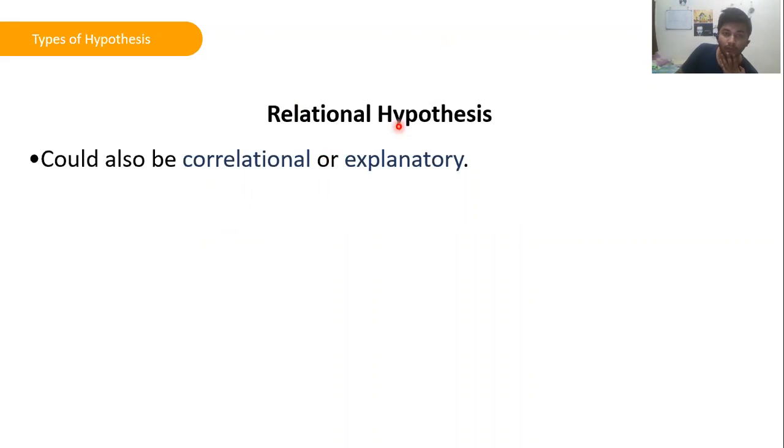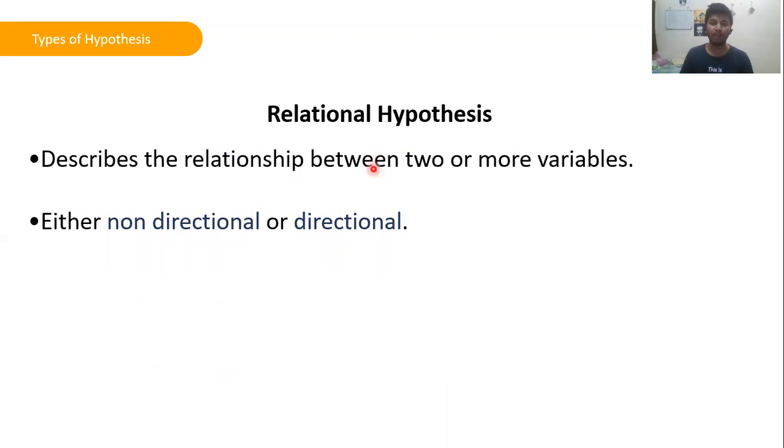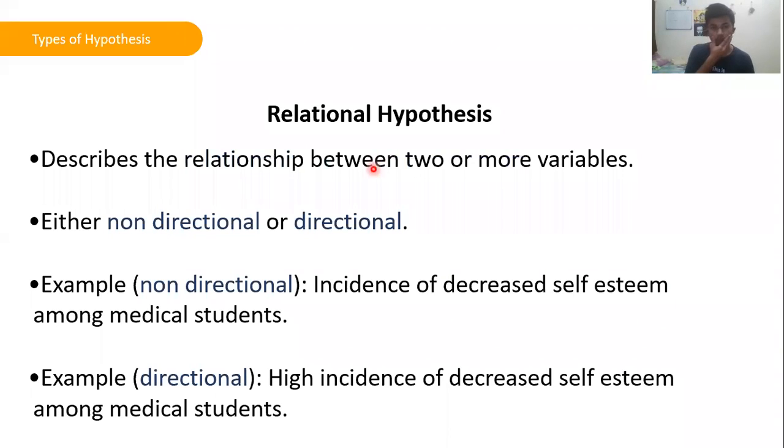So the same kind of hypothesis can be relational and descriptive. These types of hypothesis: you have used incidence of self-esteem among medical students, and it comes in the relational example as well as in the descriptive example. That means the hypothesis can be relational and descriptive at the same time, right?